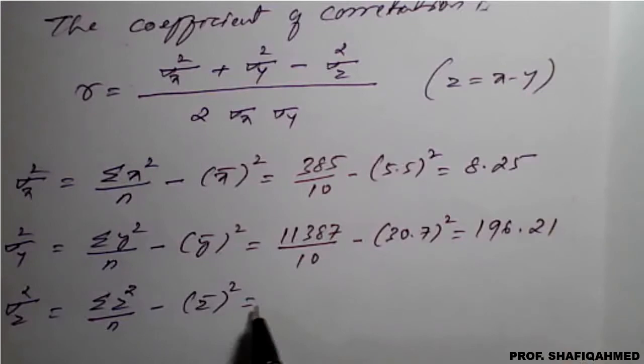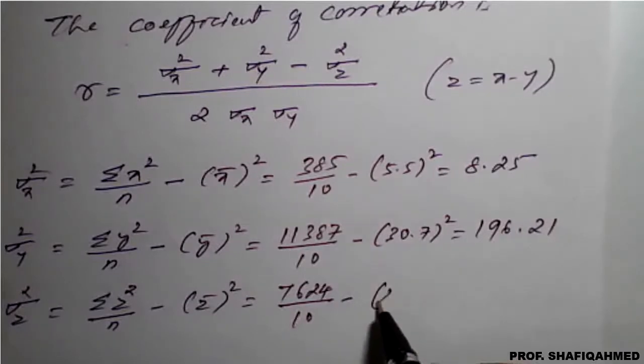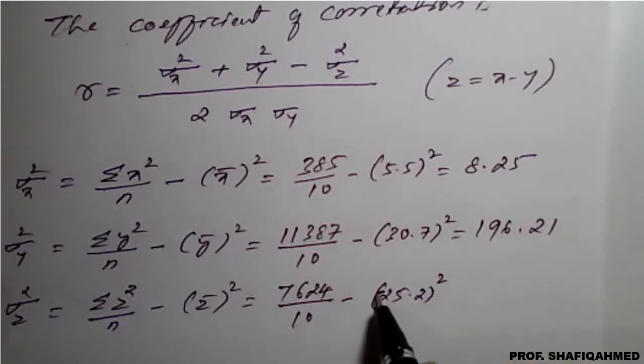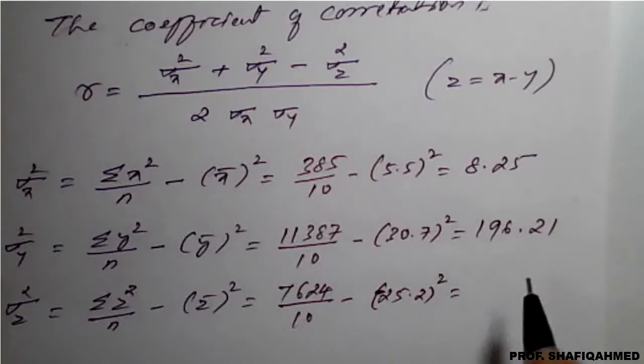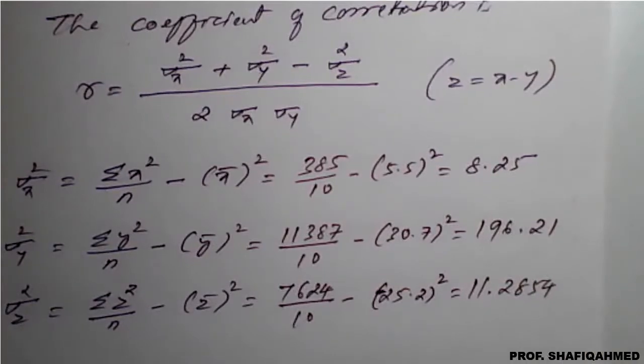Similarly the last one, summation of z square is 7624 divided by 10 minus minus 25.2 square, this is minus sign, but it will become automatically plus because we are squaring, so it will become 11.2854. So these values we got.